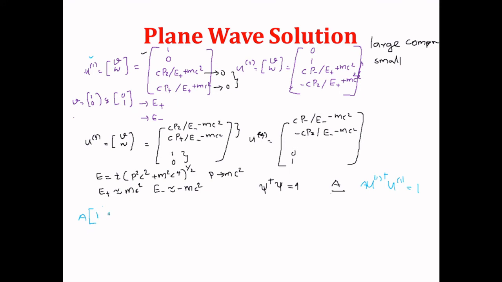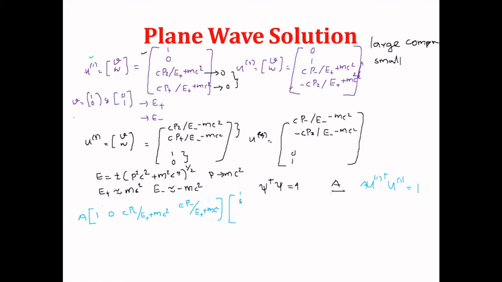So you will get 1, 0, C P Z divided by E plus mc square. For the next term it is P plus. P plus is Px plus iPy, so when you take the complex conjugate, it will become Px minus iPy. That can be represented as C P minus, so we can write C P minus by E plus mc square.